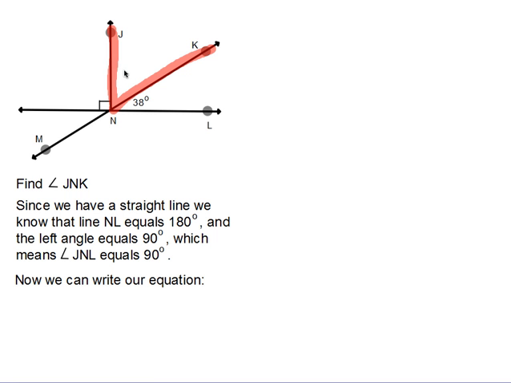So we can write the equation. This will be my x. Here's my 38. The sum of those two complementary angles equals 90. So x plus 38 equals 90 degrees. Subtract 38 from both sides, so that equals 52. So that is 52 degrees.